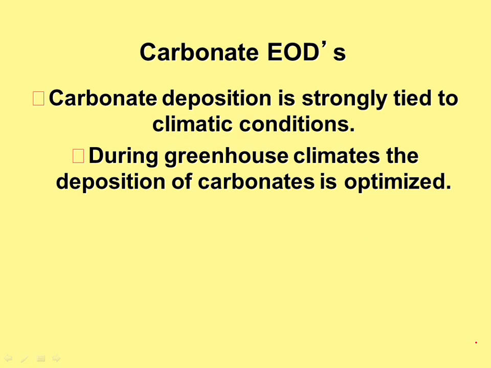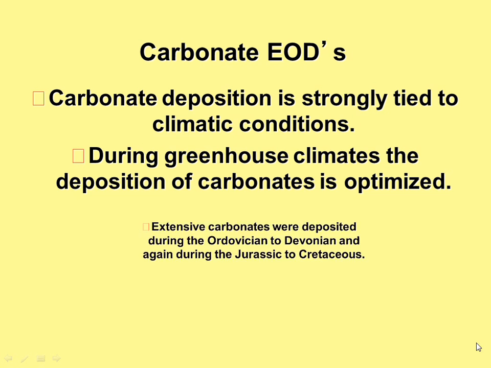There are two major climatic states on the planet, the greenhouse and the icehouse climates. We are currently living in the icehouse climate, in a significant interglacial period of an icehouse climate, admittedly, but we are living in an icehouse climate. Carbonates, however, are most abundant in terms of their origin and formation during greenhouse climates.